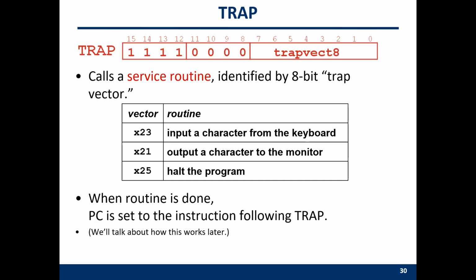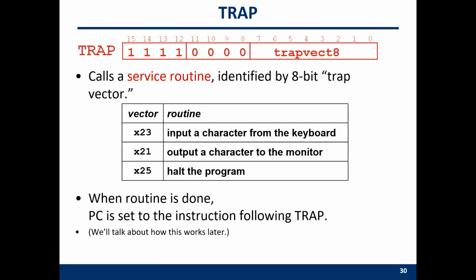And then we also have TRAP. TRAP is used by the operating system. You have some services provided by the operating system, and you can use this instruction to invoke them. This is the opcode of the TRAP instruction, and this is the type of the service.